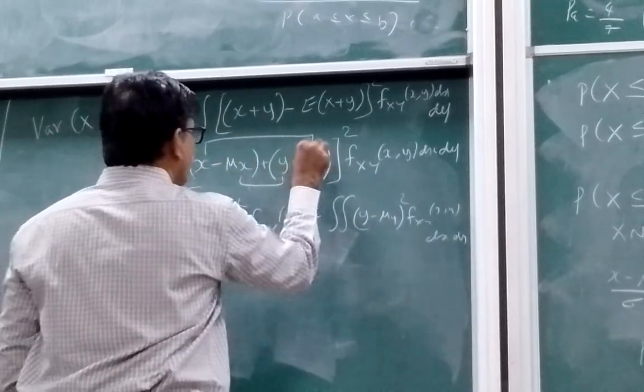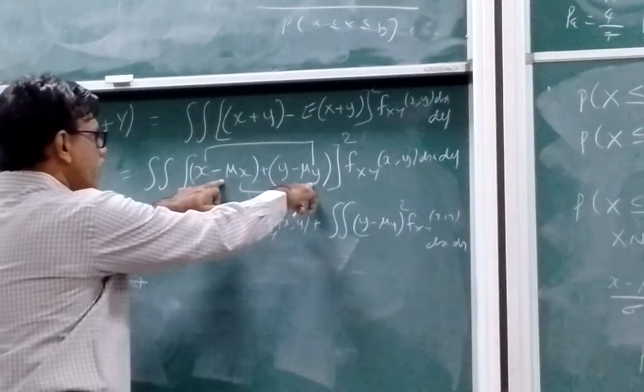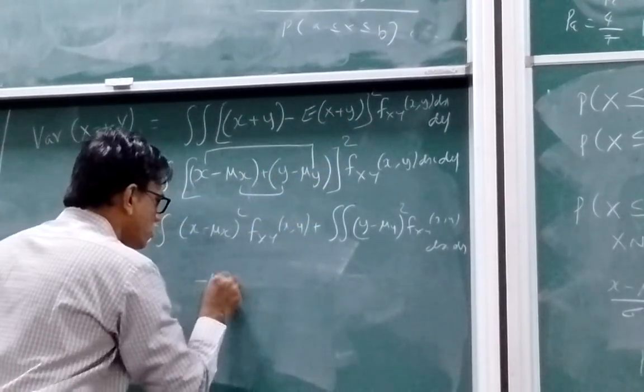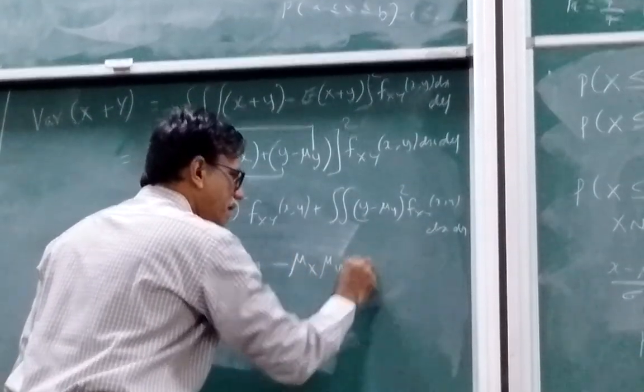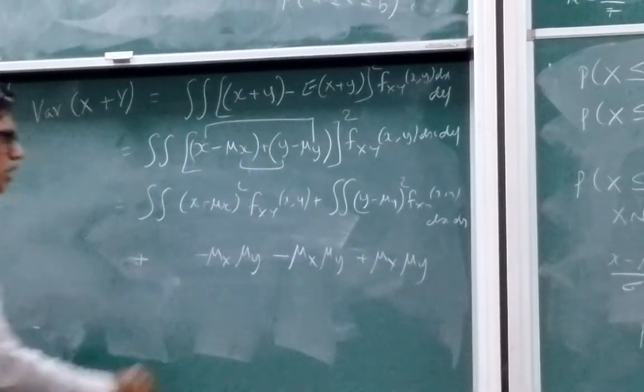This factor will together give me mu x mu y, and these two will give me plus mu x mu y. So you will have minus mu x mu y, one more minus mu x mu y plus mu x mu y. This already I think I have done this one. So these two go away.